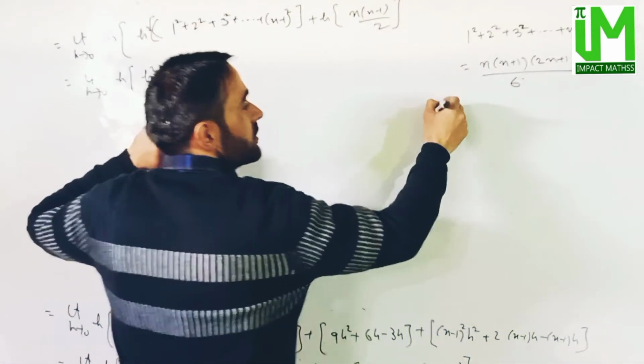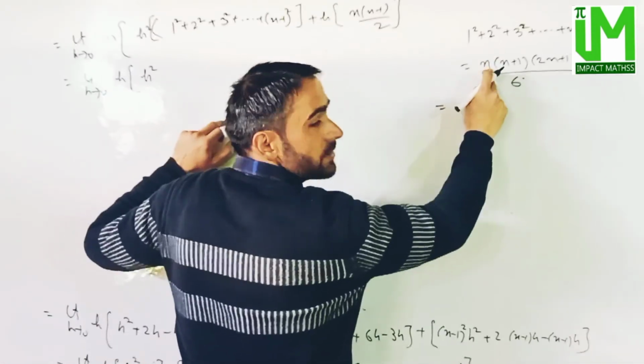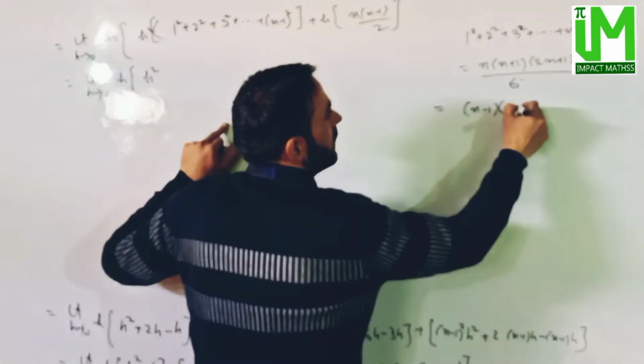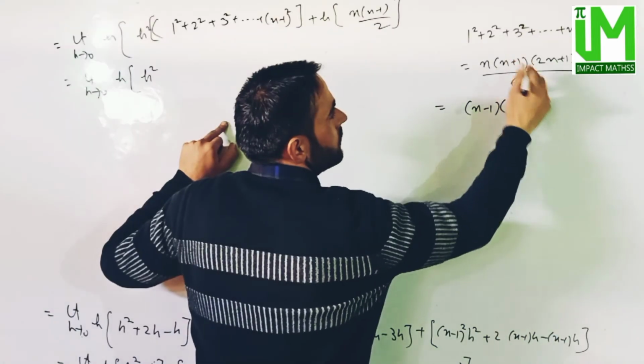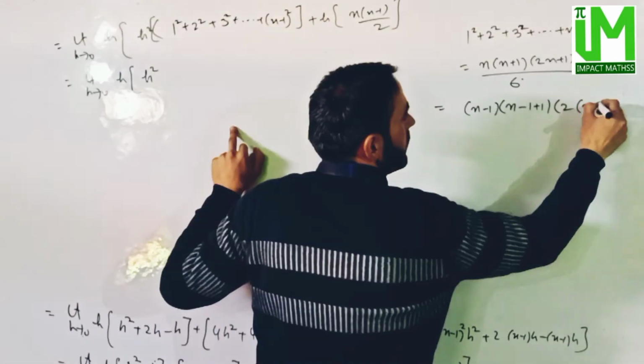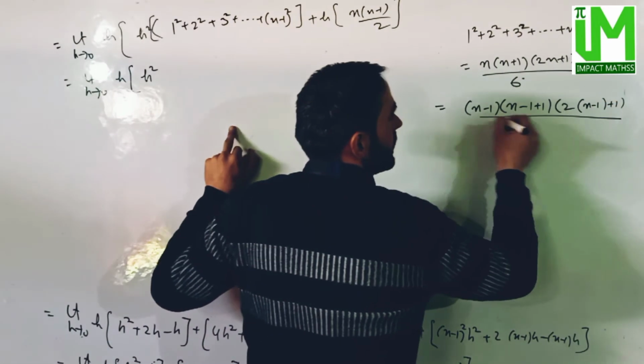So simply replace n by n minus 1. It will be (n minus 1) into ((n minus 1) plus 1) into (twice (n minus 1) plus 1) divided by 6.